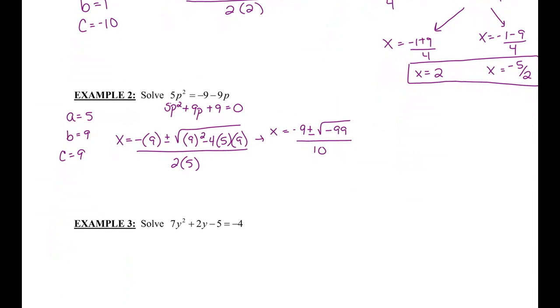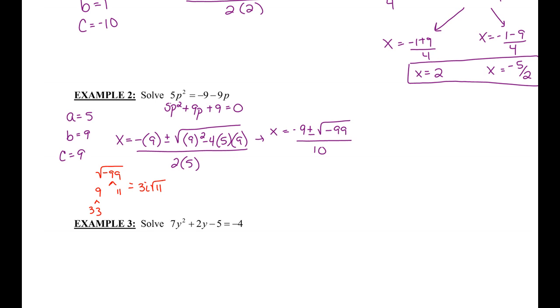So I'm going to come over here to the side. I can break 99 up to be 9 times 11, and 9 is a perfect square. It breaks down to 3 times 3. So I can say that this is 3i root 11, remembering that the i comes out when I have a negative underneath the radical.